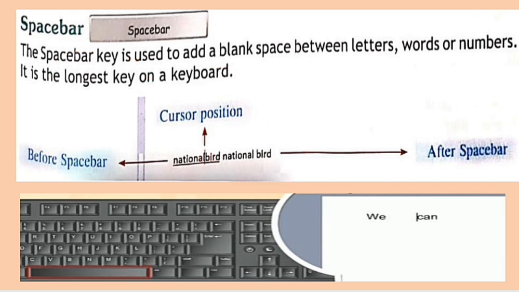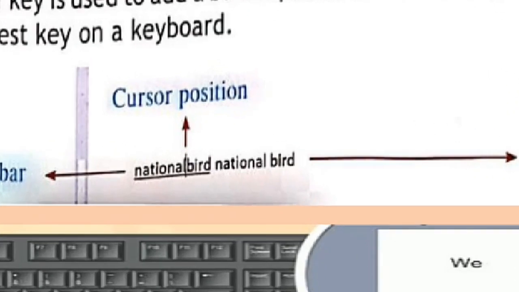Here there is no space, but after pressing the space bar key, you are able to give the space. So this is a use of the space bar. The space bar is used to give only a single space.